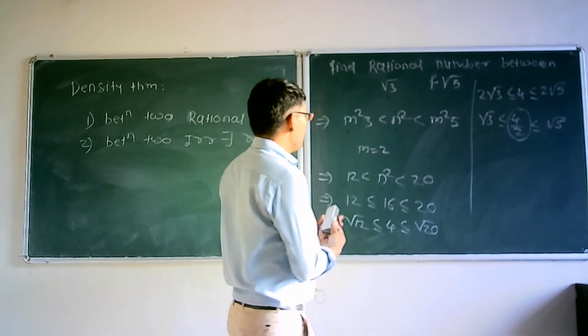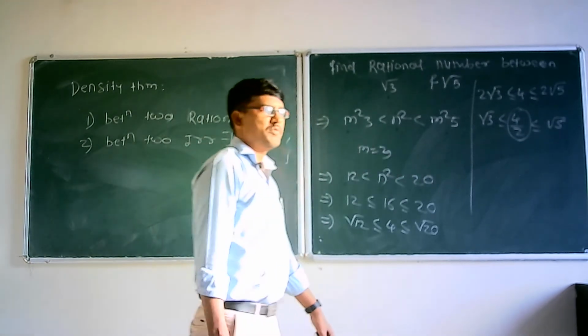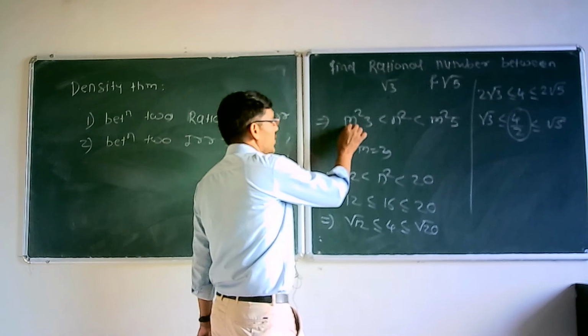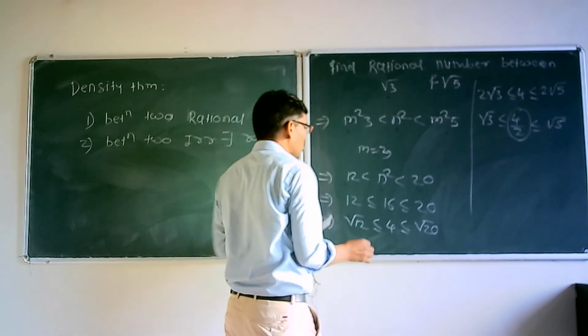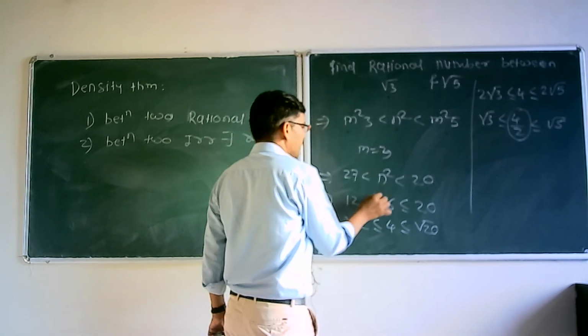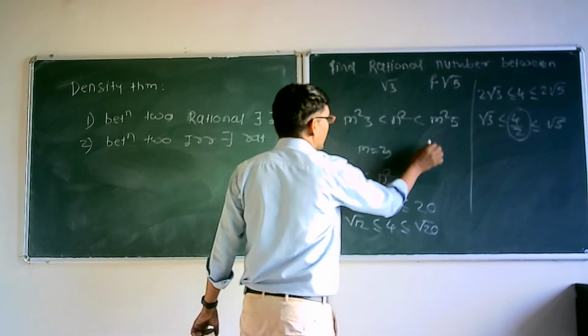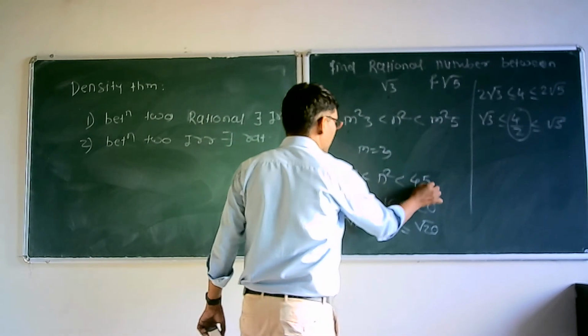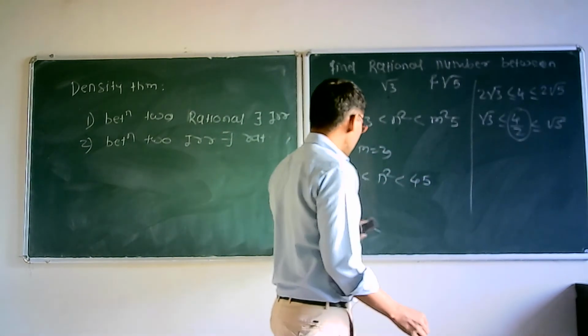If you change m to 3, then what happens? 3 square is 9, 9 times 3 is 27, less than n square, less than 9 times 5, which is 45.